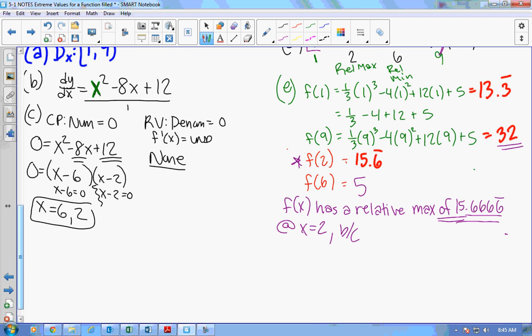Because f prime of x changes from positive to negative. Okay? Right, let's look at our minimums. Do we have an absolute minimum?